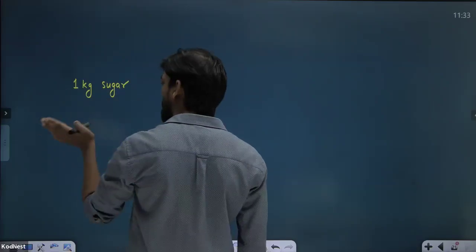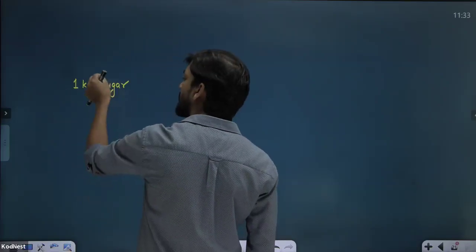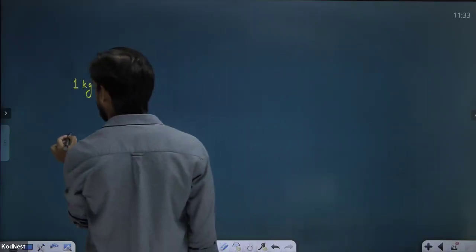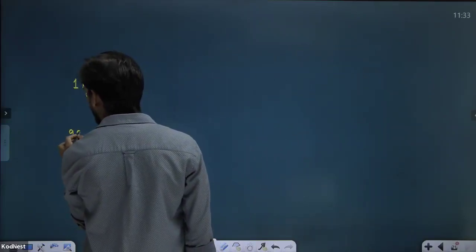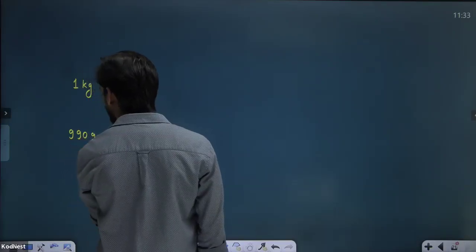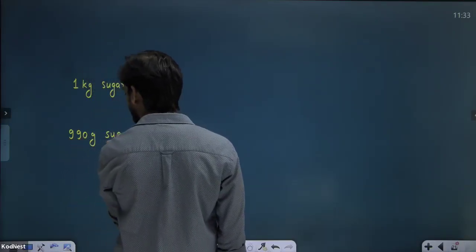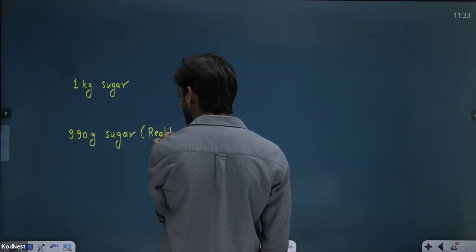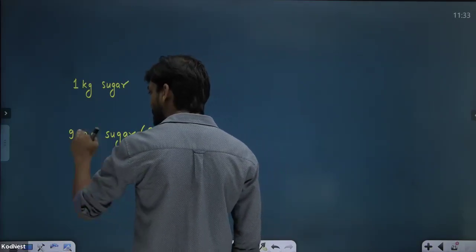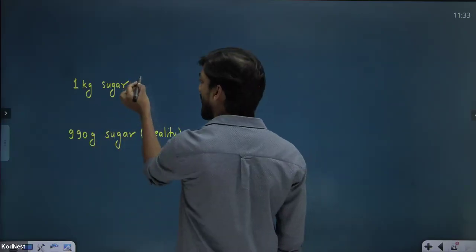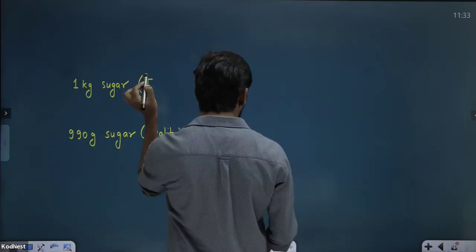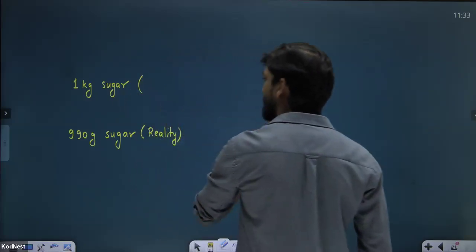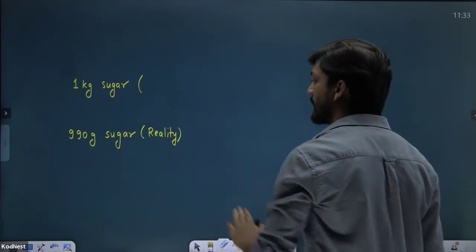1 kg sugar, somebody is coming and saying that please give me 1 kg of sugar. Okay, I'm doing cheating. I'm giving 990 grams sugar. This is the reality. Actually, I'm giving 990 grams of sugar.